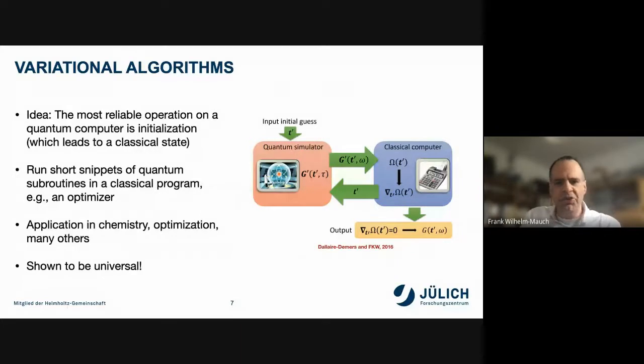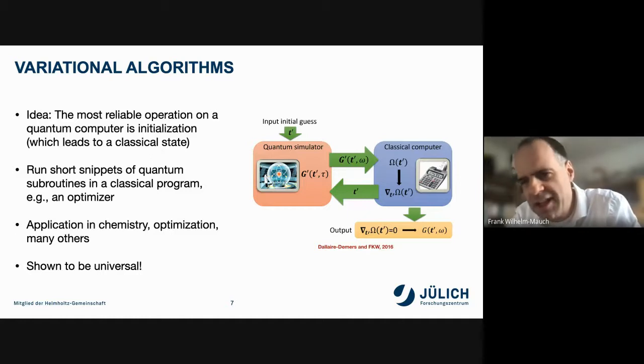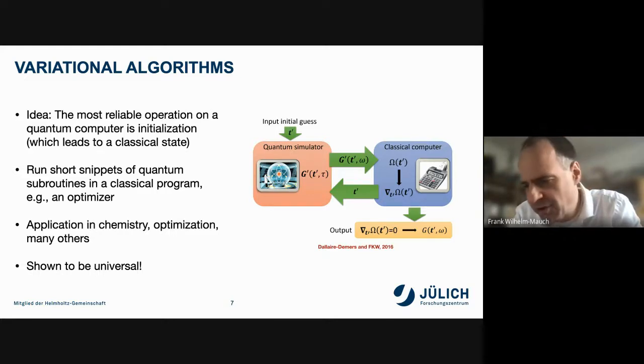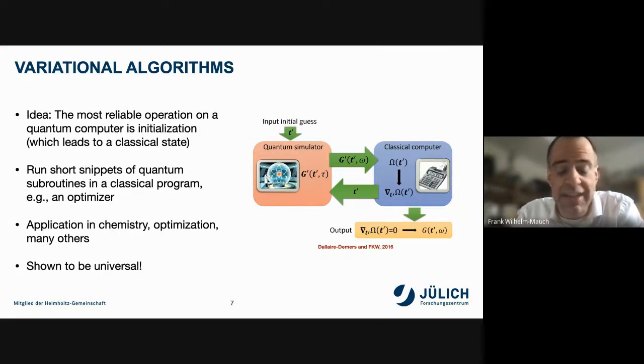So rather, what you use is the property of near-term quantum hardware that the most reliable operation it can do is initialization. Initialization is either based on cooling or on some measurement-based approach, but it usually has a much lower error rate than, at least, a long string of gates.